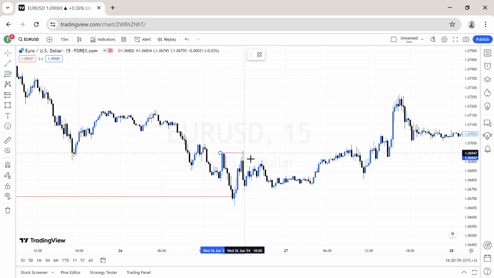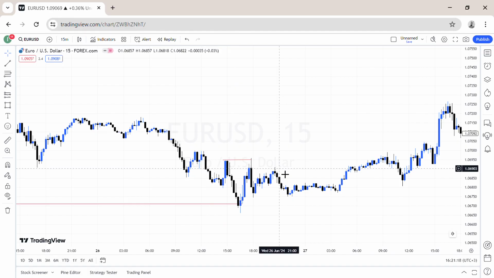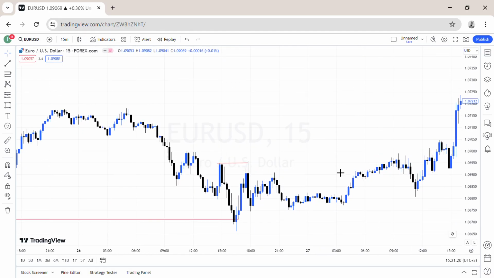So if I were to expect a valid market structure shift here with this wave, I would want to see a closure above this high, which we failed to achieve. So for me, this is not a valid market structure shift. It is just a liquidity grab like any other.